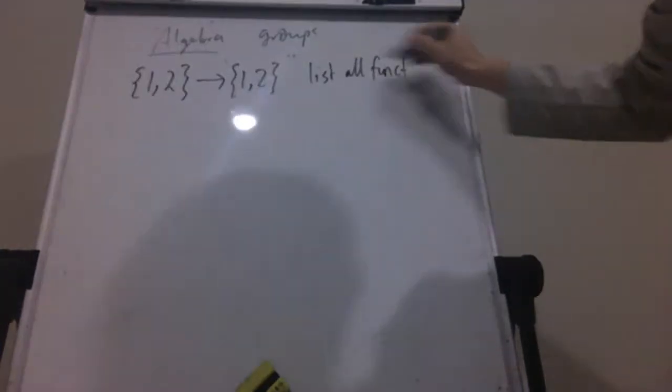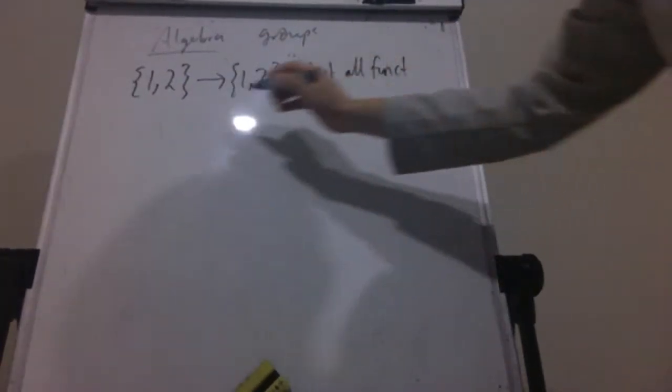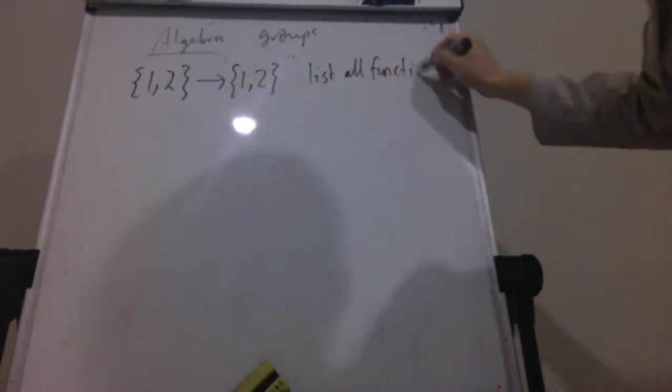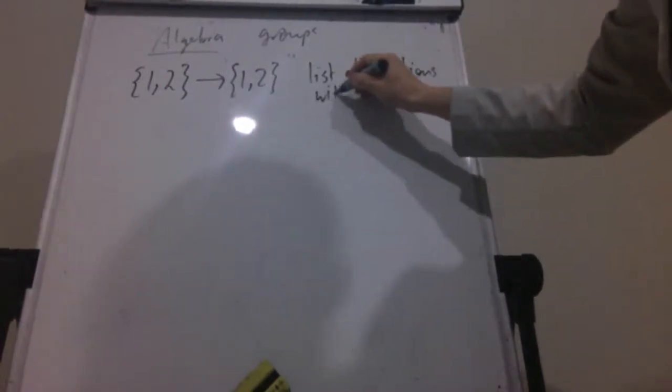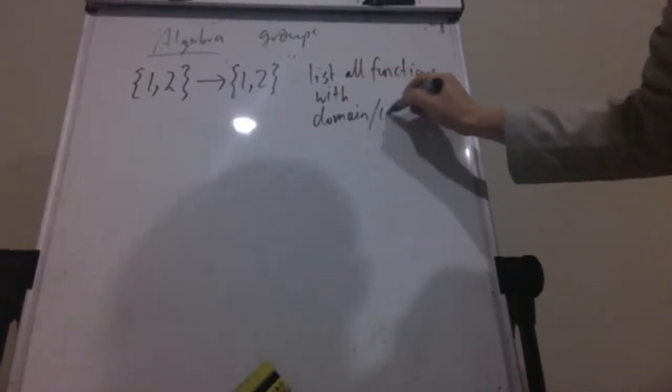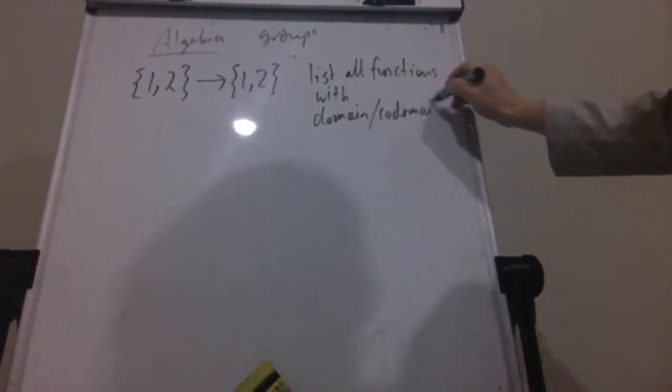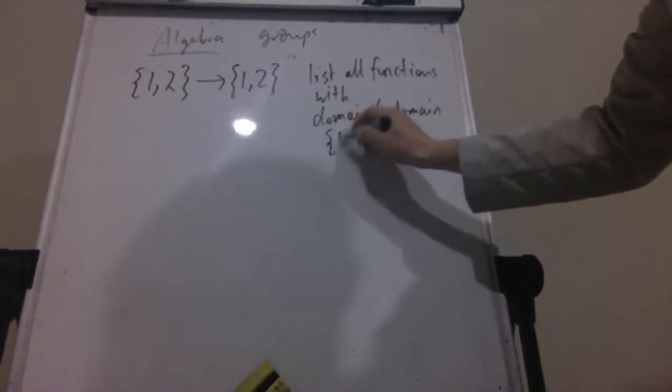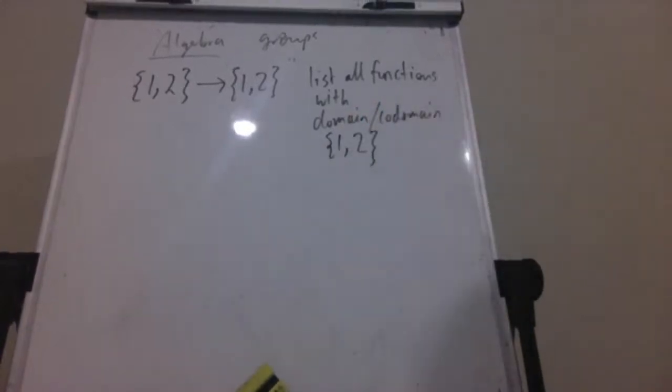List all rules for that domain and that codomain, yeah? Identity. Yeah. Then for 1 it goes to 2, for 2 it goes to 1.